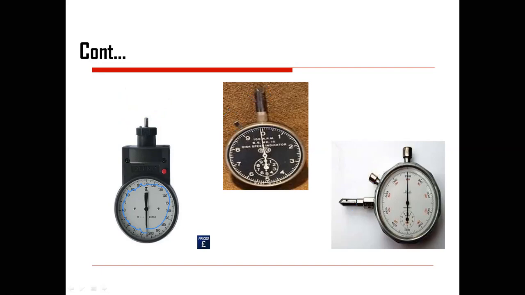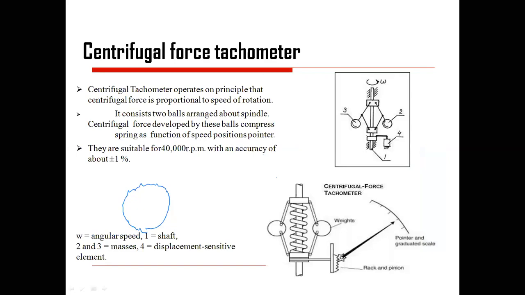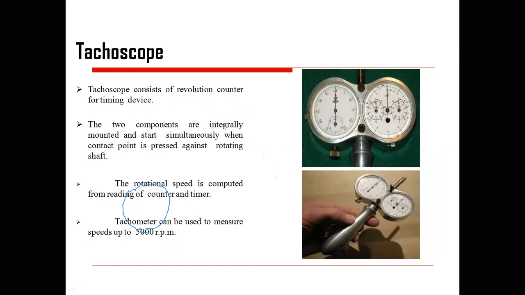Okay, so another one is the tachoscope. If you observe a tachoscope, you will understand the concept of the tachoscope. Here, the tachoscope consists of a revolution counter, and this revolution counter has two dial gauges.